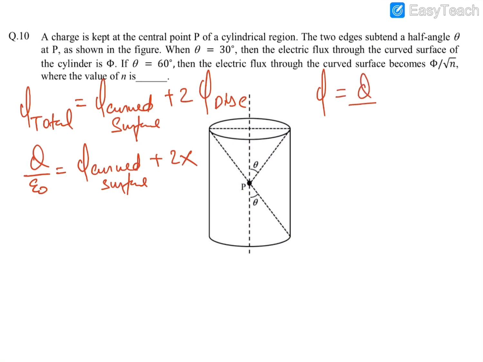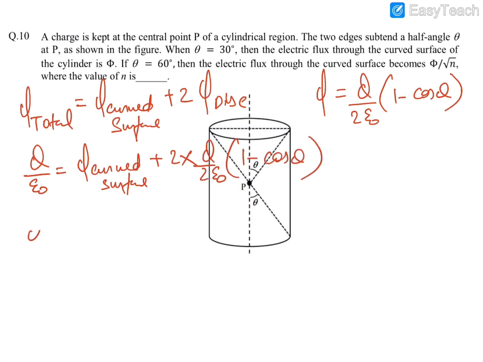So it is q by 2 epsilon naught into 1 minus cos theta. So phi of curved surface will be equal to q by epsilon naught cos theta.